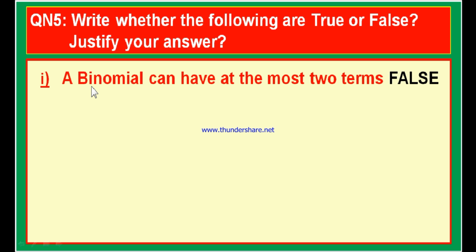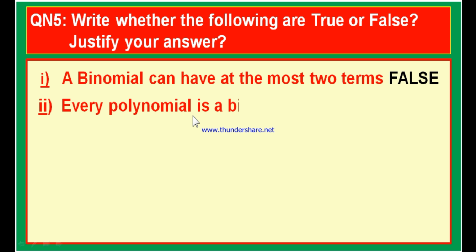The correct statement is a binomial should have only two terms, or a binomial should contain exactly two terms. That is correct, and the earlier one is wrong because at the most means maximum two terms. Maximum two terms means it may contain one term also. But if a polynomial contains one term, we cannot call it a binomial. Understood? Good.